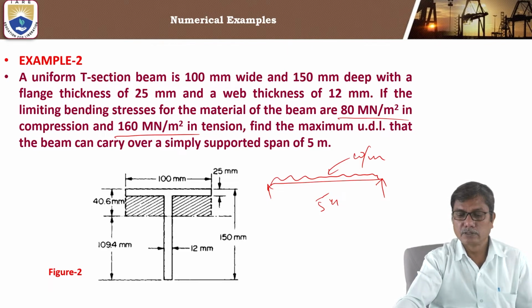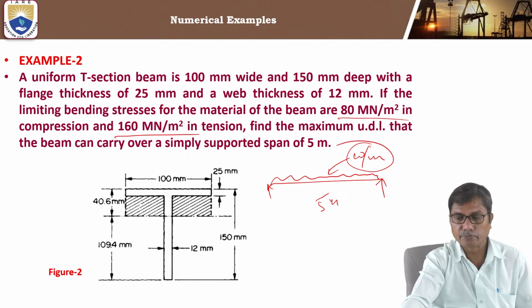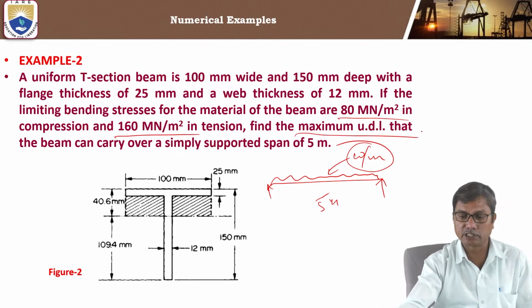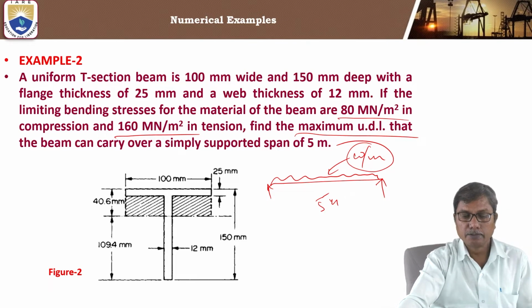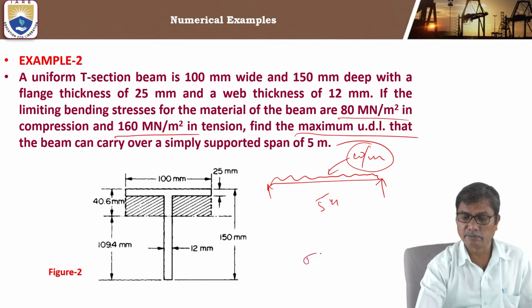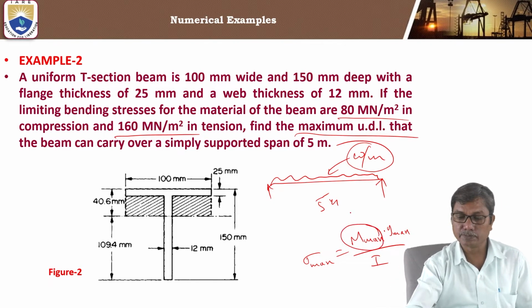We need to find W, the maximum UDL, the intensity of load. For that, first we use the equation sigma maximum is equal to M maximum into Y maximum by I. First we need to find the maximum bending moment.